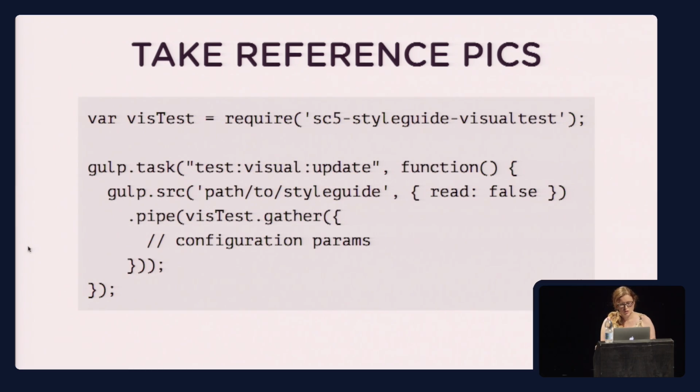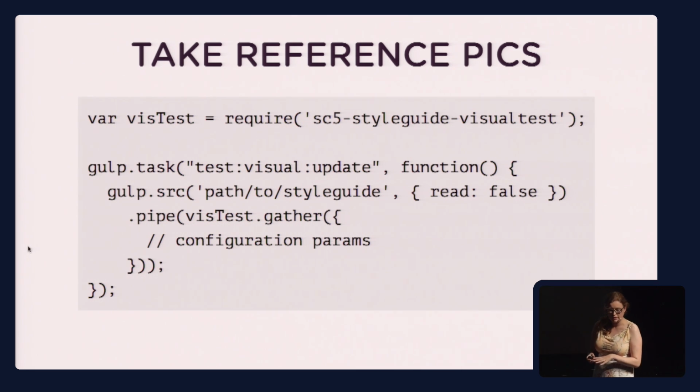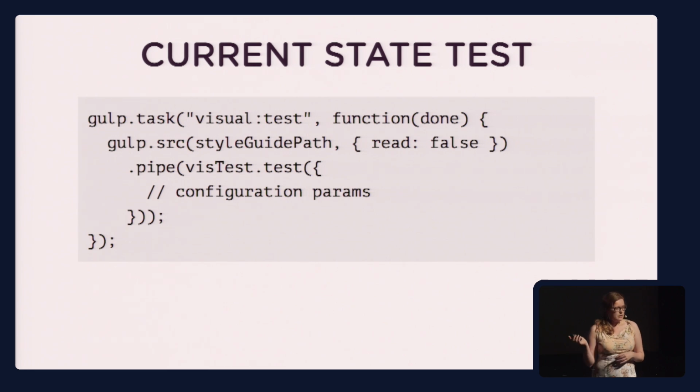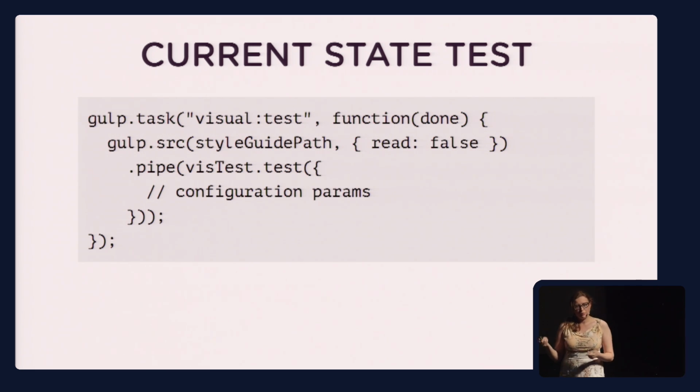Okay. So this is what I gathered first when running these tests, making the reference screenshots. And then I have a second task, which I run constantly, which compares my local copy to these stored reference screenshots.